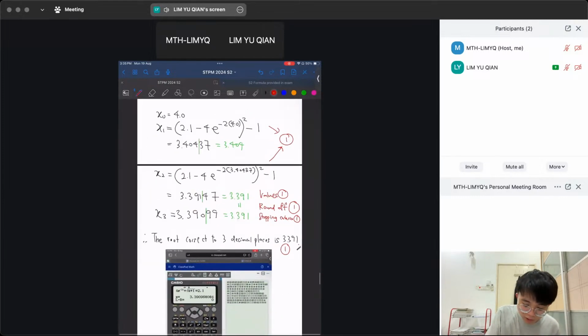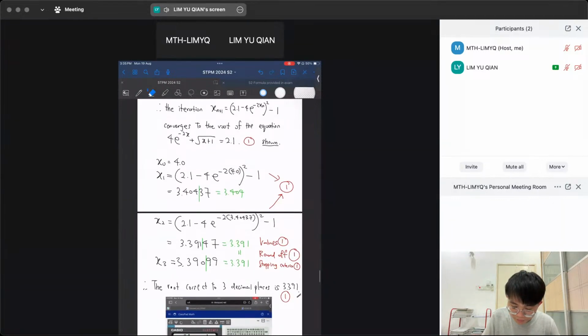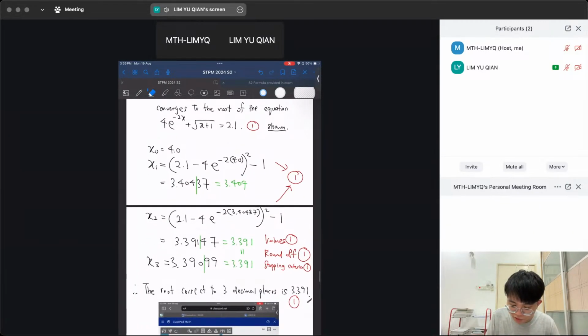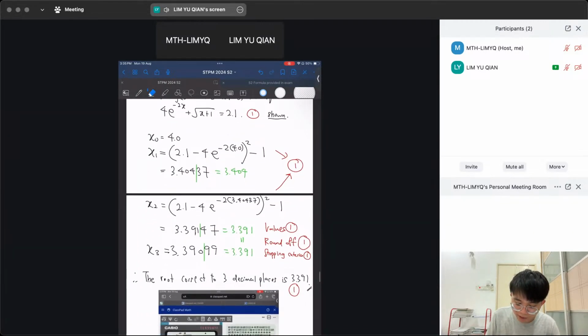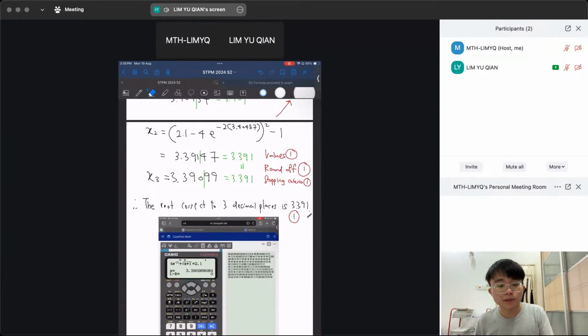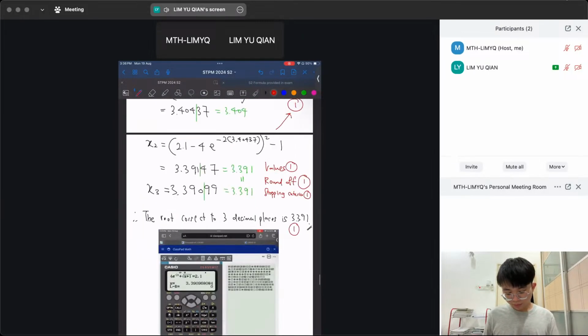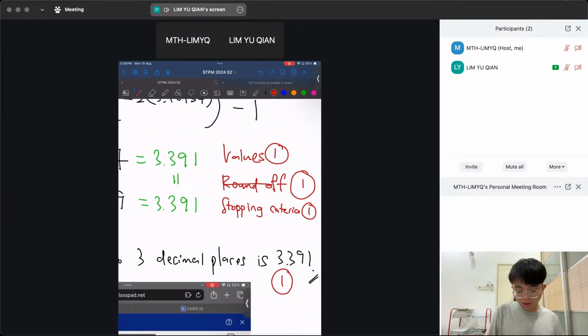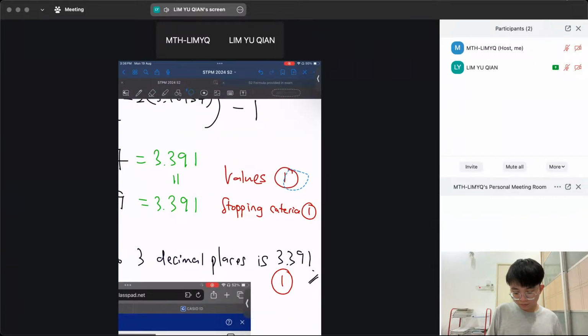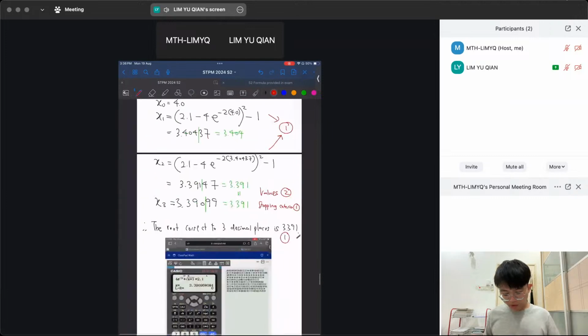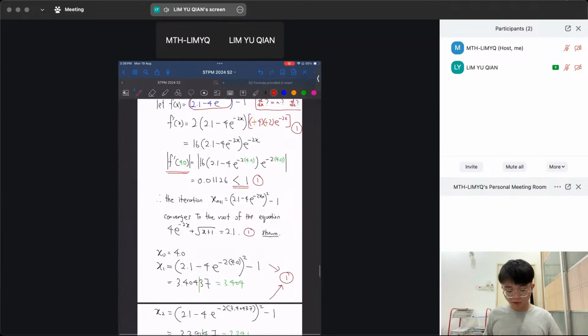Actually, I don't think round off has a mark, but formula does. Some of them will say the values actually get 2 marks. Anyway, I just said round off. Never mind, values 2 marks. All the values get 2 marks. Stopping criteria and final answer, that shouldn't be a big problem.